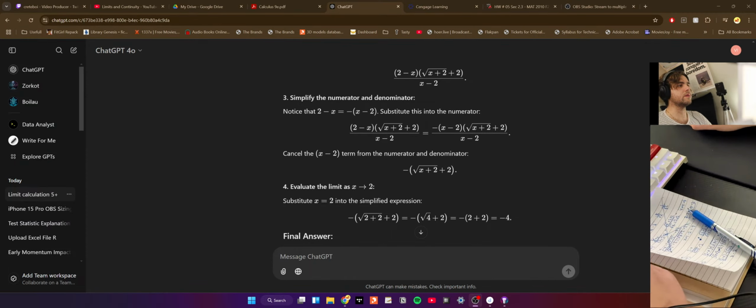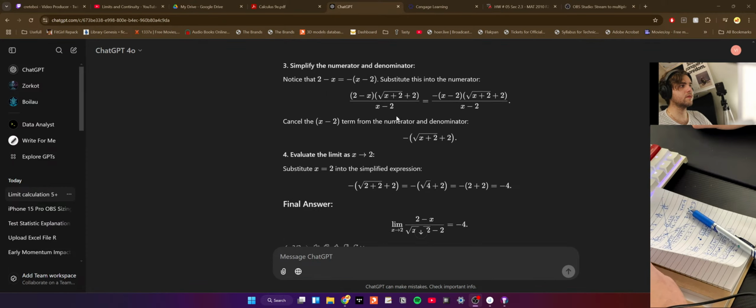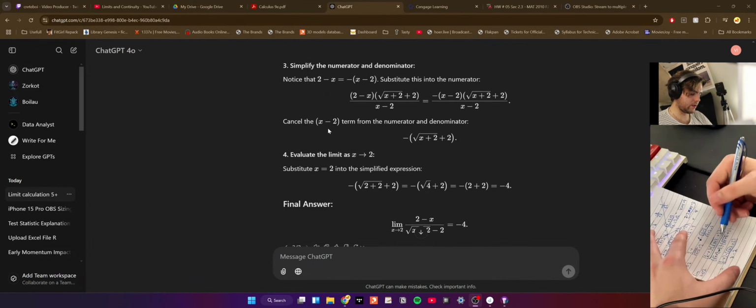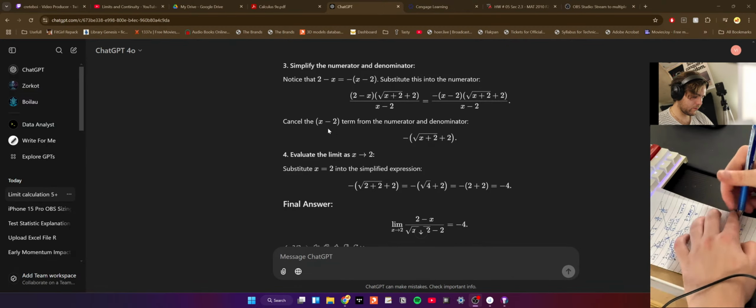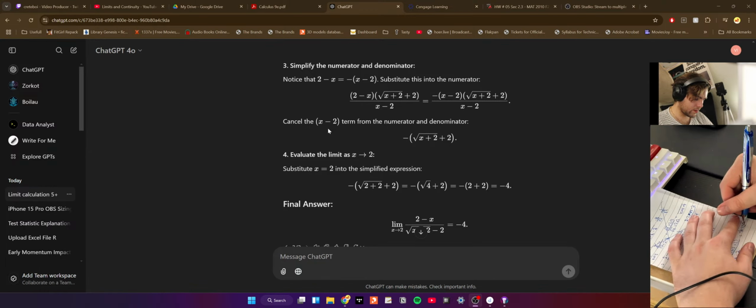It's a little convoluted, but okay, fine. So it's saying to replace this. The x minus 2 over x minus 2 cancels, leaves you negative square root of x plus 2, plus 2 plus 2.